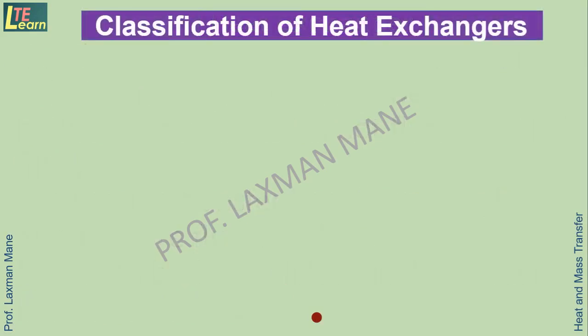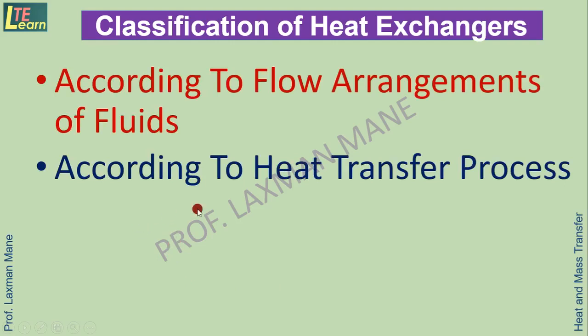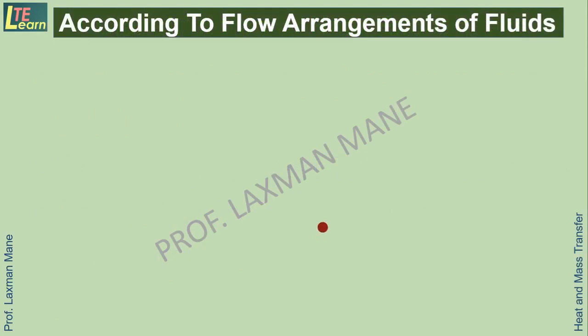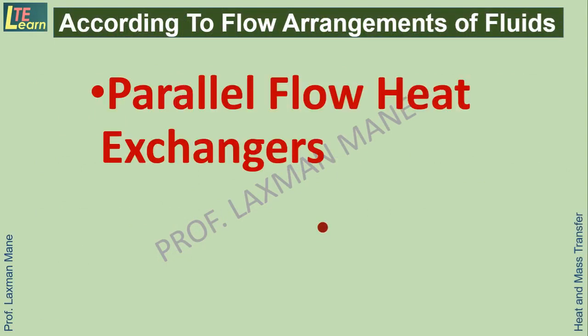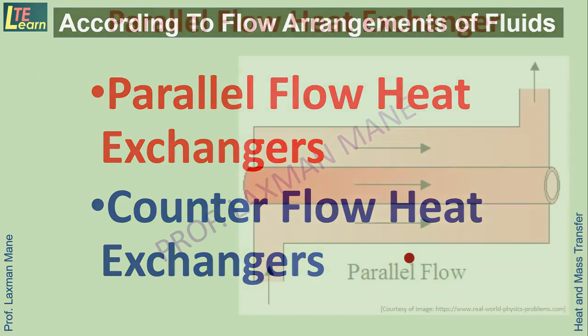Heat exchangers are classified based on criteria: according to flow arrangement of fluids, according to heat transfer process, and according to geometry of construction. According to flow arrangements of fluids, heat exchangers are classified into types: parallel flow heat exchangers and counterflow heat exchangers.